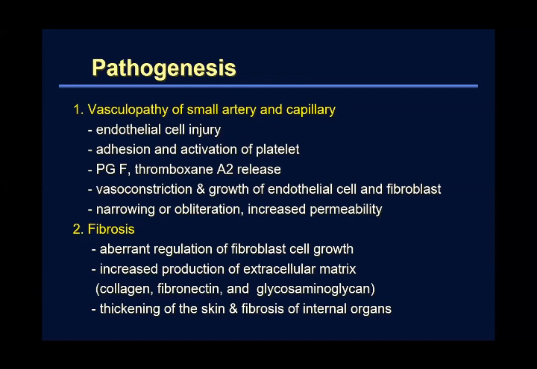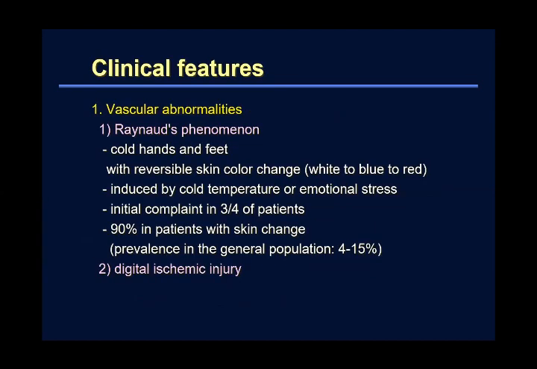You have some inflammatory process, autoimmune regulated or from external factors, leading to release of prostaglandin, thromboxane, and activation of the endothelial cells and fibroblasts, leading to obliteration and thickening of the skin and internal organ damage.